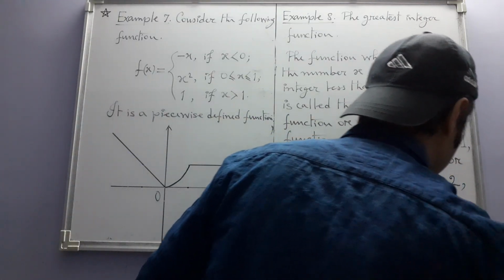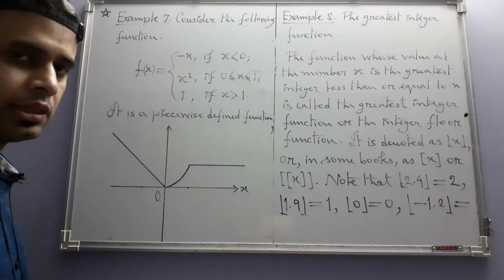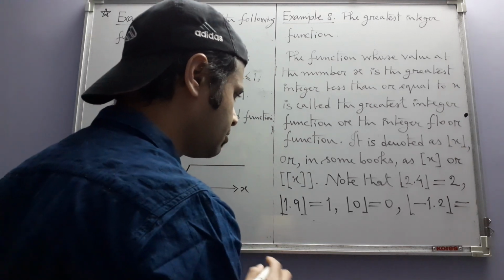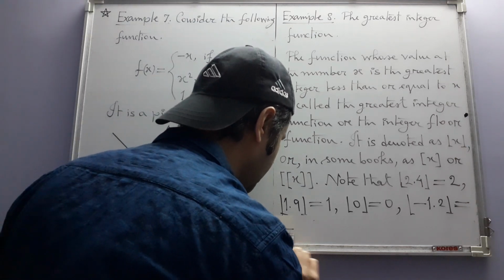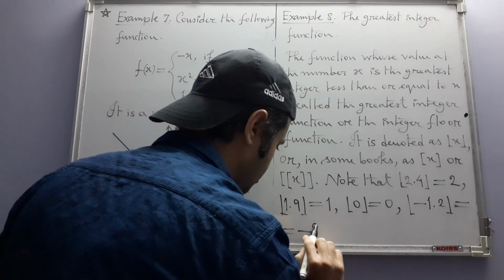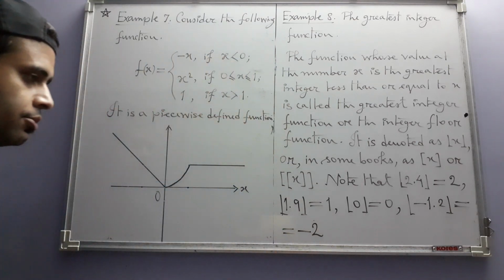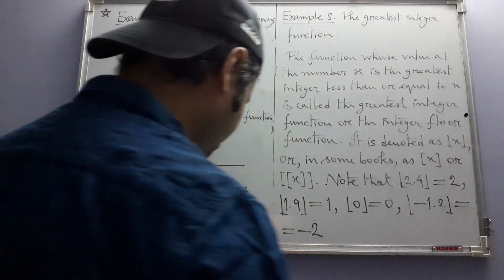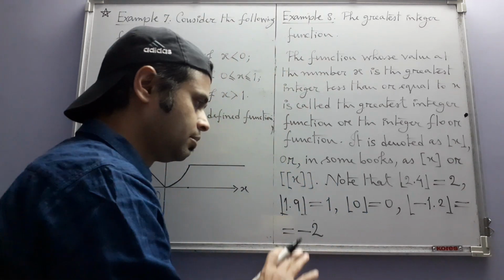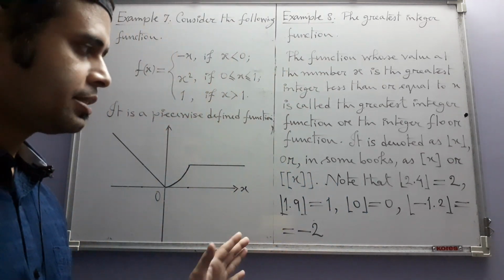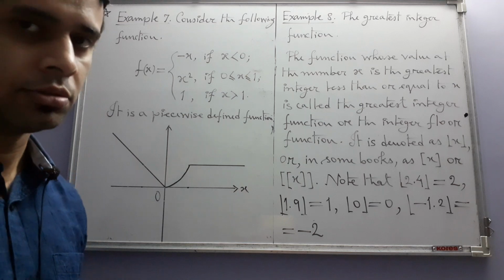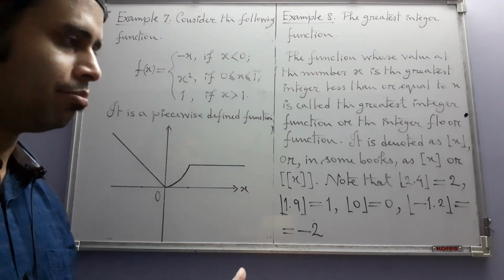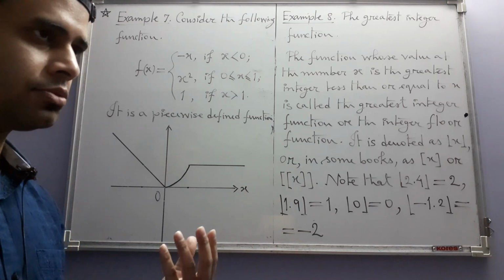Already the definition is somewhat confusing in the beginning, so it's better to use the definition always. So this is minus 2. In fact, I would suggest you not make such rules so that you can memorize those rules.